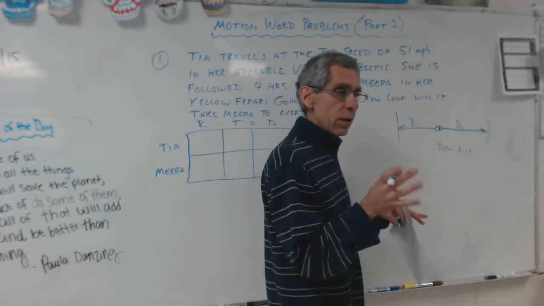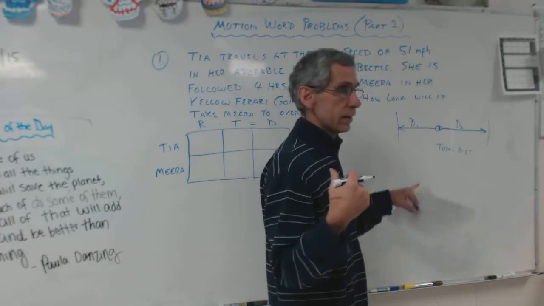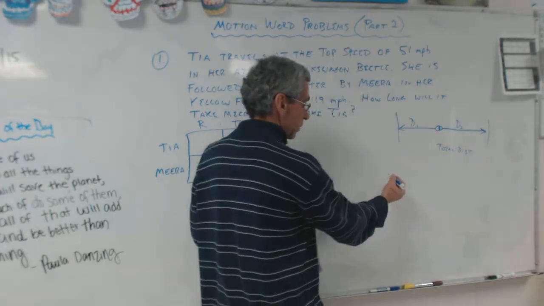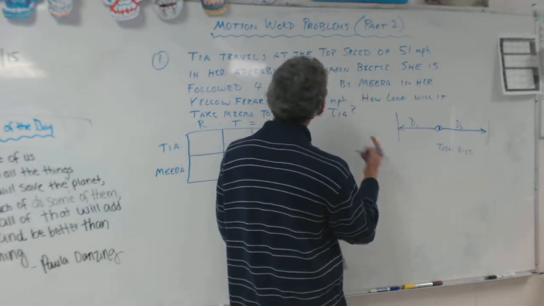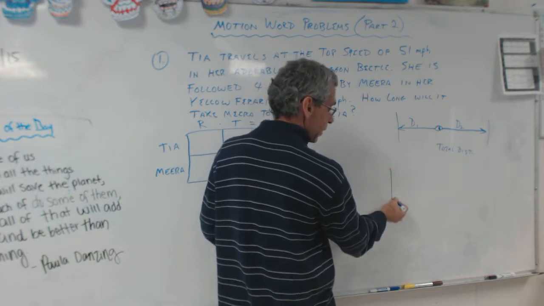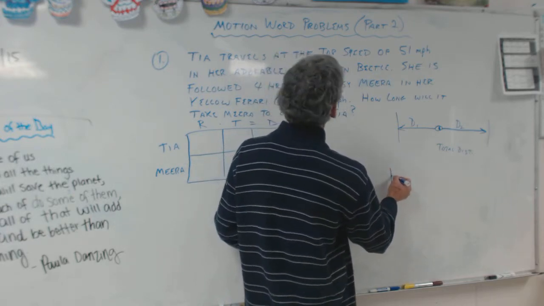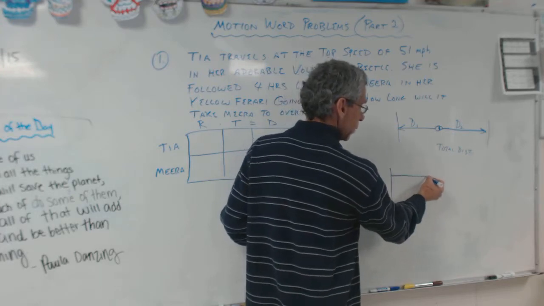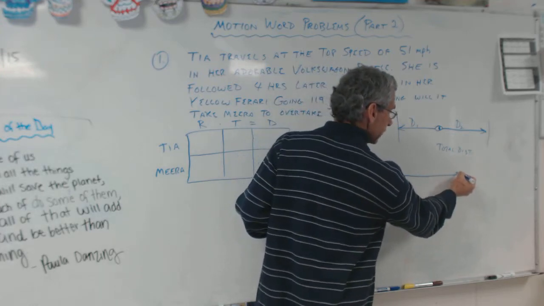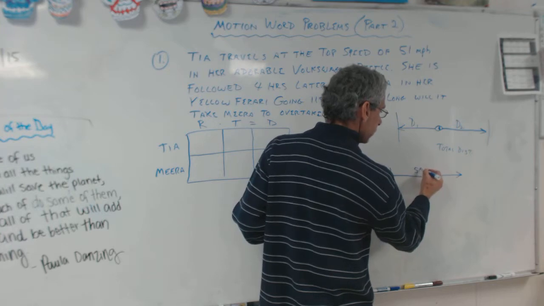So let's think about what our scenario is in this one. You don't have to write that down, but you should write this down. Our scenario here is we have a place, right? And Tia leaves first, going in this direction, and she's going 51 miles per hour, right?